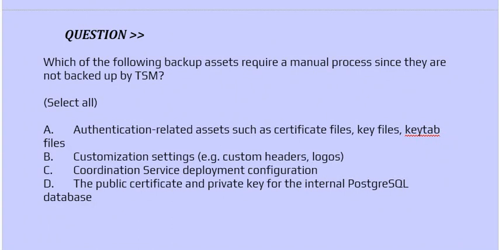Option B. Customization settings, for example custom headers, logos. Option C. Coordination service deployment configuration. Option D. The public certificate and private key for the internal PostgreSQL database. Correct answer is option A, B and option C.